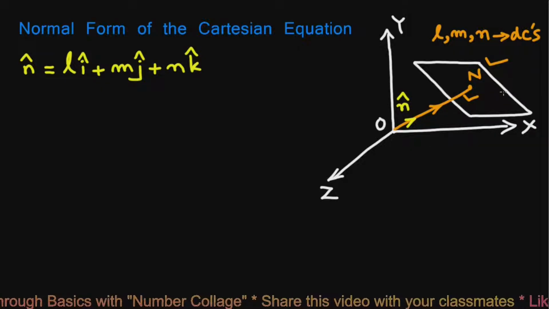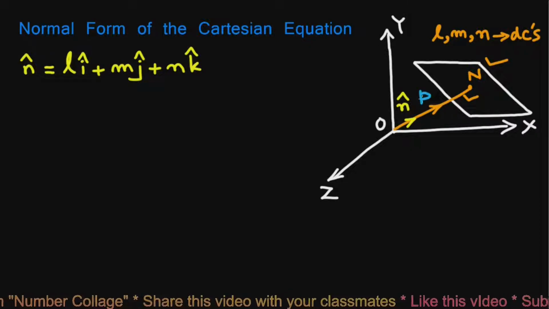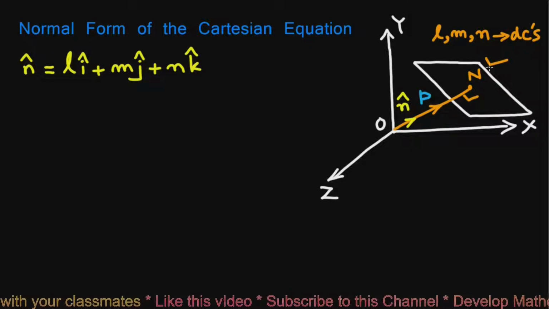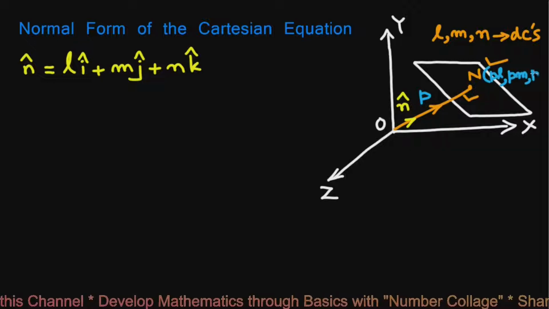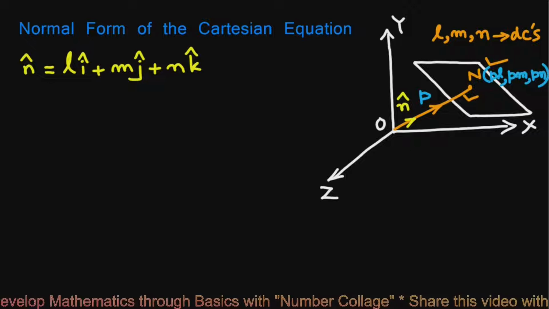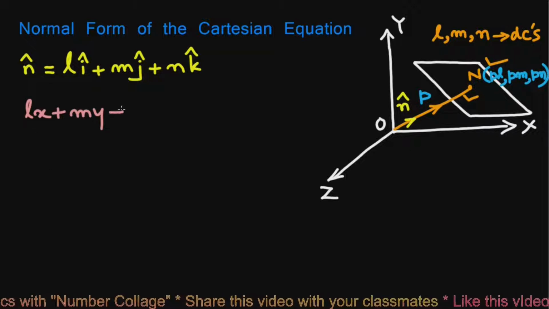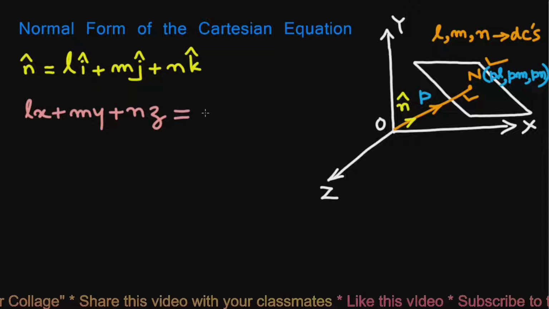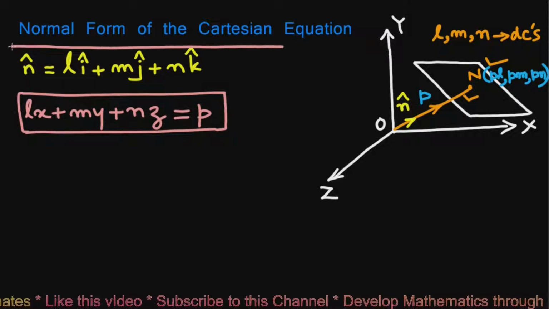If the distance of this plane from the origin, that is length ON, is p, then the coordinates of N will be pl, pm, pn. Then the equation of the plane will be lx plus my plus nz equals p, which is known as the normal form of the Cartesian equation.